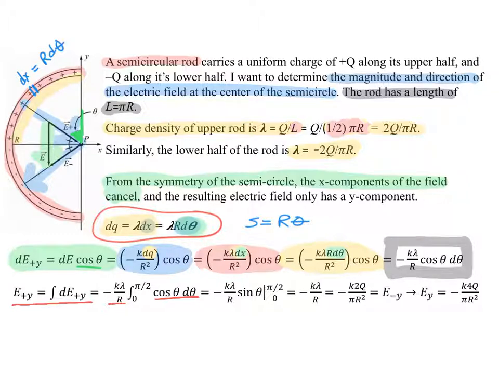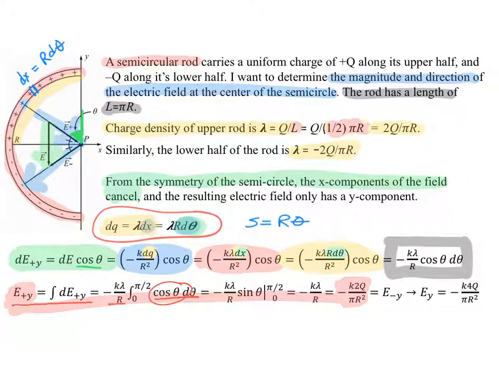Sure, you could. We're after the magnitude, all right? So just a 90. We need to go a 90-degree angle for that upper part, all right? So that's pretty straightforward because there's really not much to integrating cosine theta into sine theta, right? So we go through all of that, and we come out with that this is the answer, k 2 q over pi r squared.